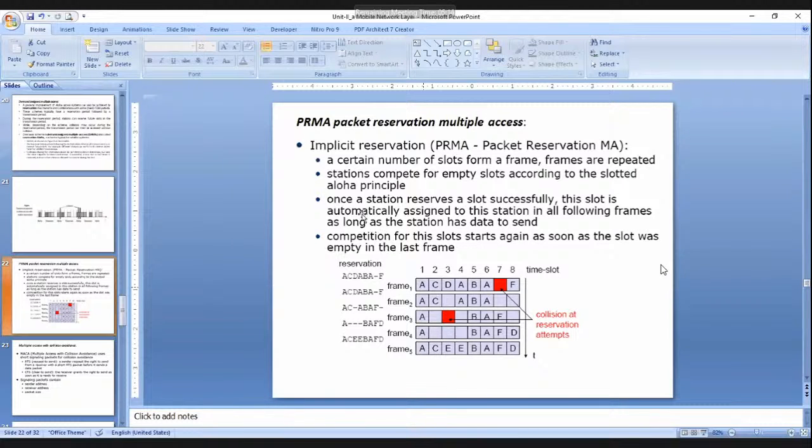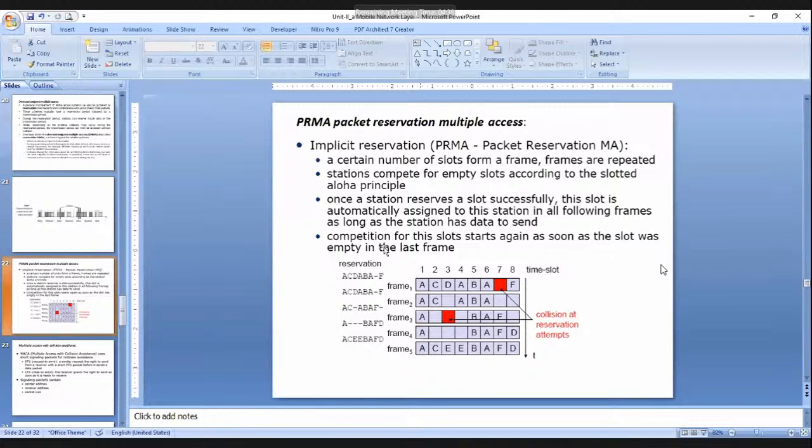Once a station reserves a slot successfully, this slot is automatically assigned to this station in all following frames, as long as the station has data to send. So if a particular time slot has been taken, then that would be reserved in all the frames. Competition for this slot starts again as soon as the slot was empty in the last frame.